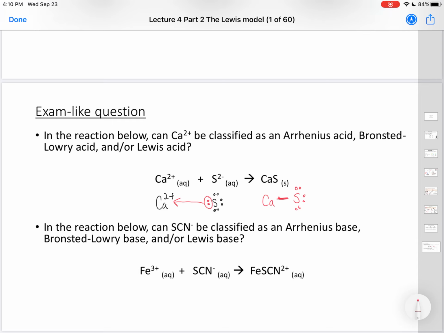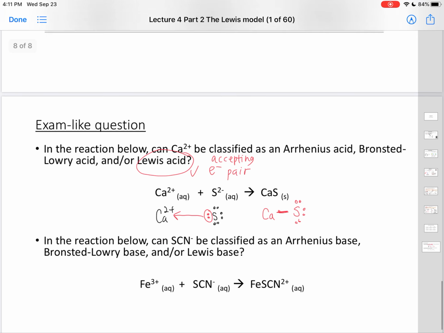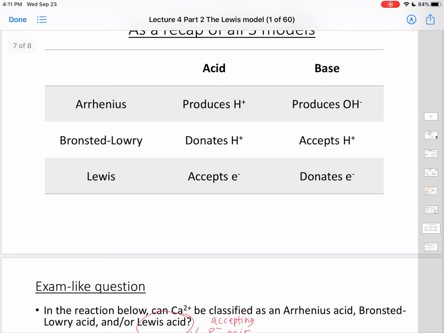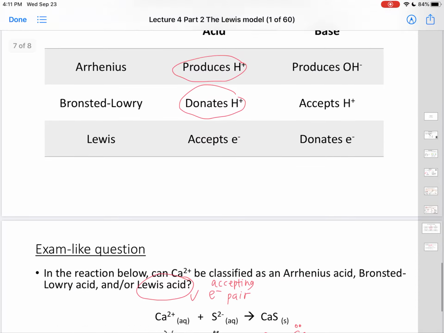So in this case, can the calcium be classified as a Lewis acid? Absolutely. It is a Lewis acid because it is accepting the lone pair of electrons from the sulfur. Okay. Can it be an Arrhenius acid? Okay, and if you need to, you can look back at the chart. Remember, the Arrhenius acid has to produce H plus or donate H plus, depending on if it's an Arrhenius or a Bronsted Lowry.